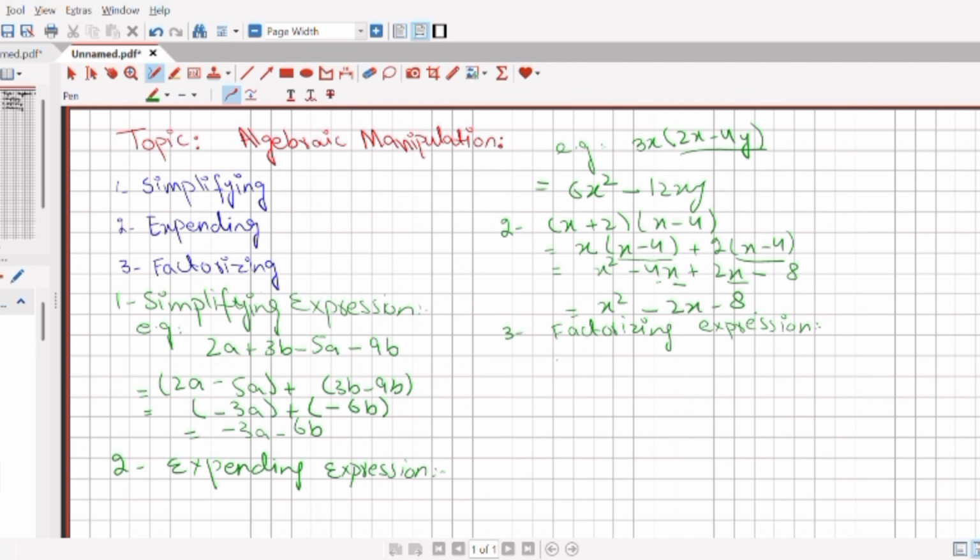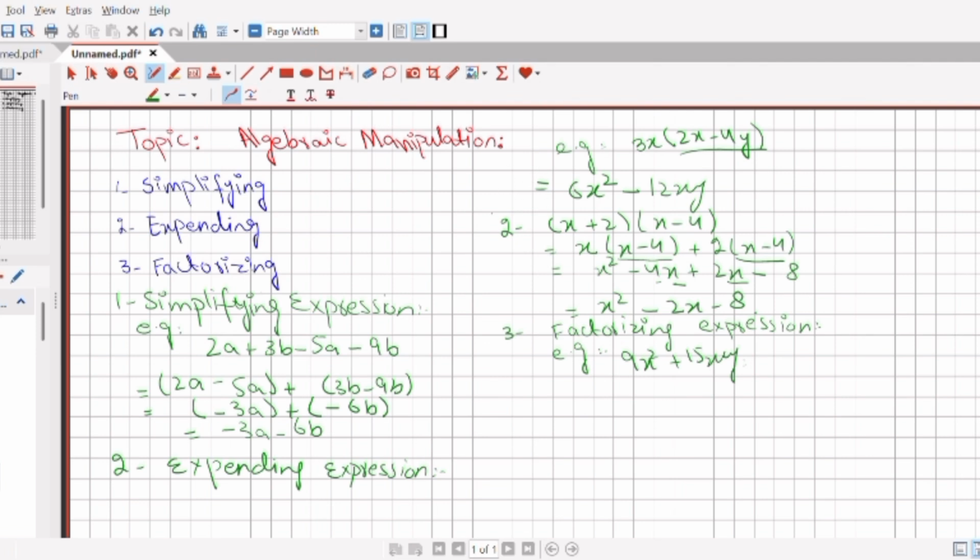For example, I have 9x squared plus 15xy. In factorizing, we take the greatest common factor. The common factor between 9x squared and 15xy is 3x.